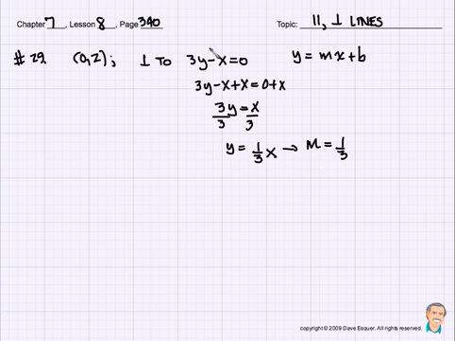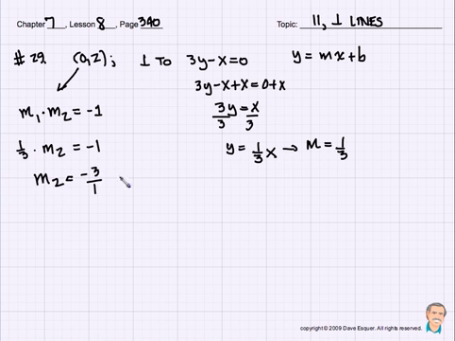The slope turns out to be that, but it's got to be perpendicular to that. So that means that the slope of the first one times the slope of the second one has to be equal to -1. So we've got 1/3 times m2 better be equal to -1. So this second slope turns out to be -3 over 1.